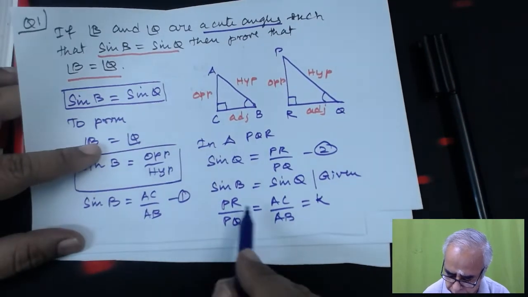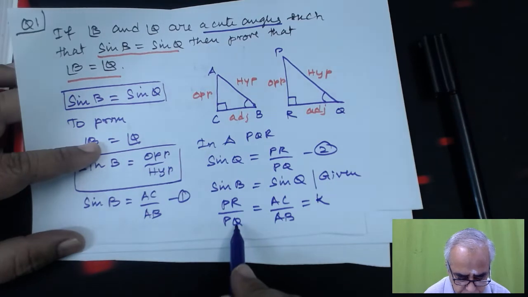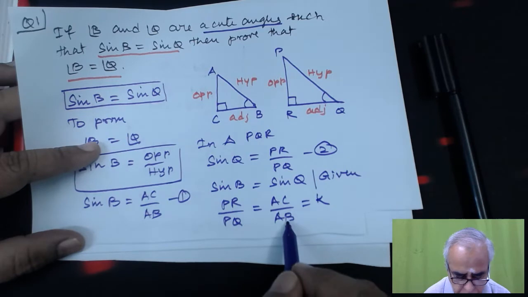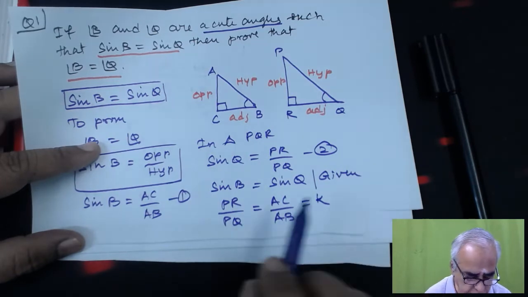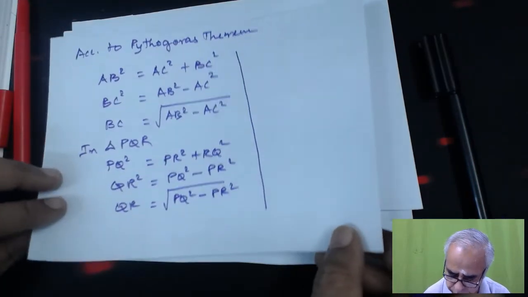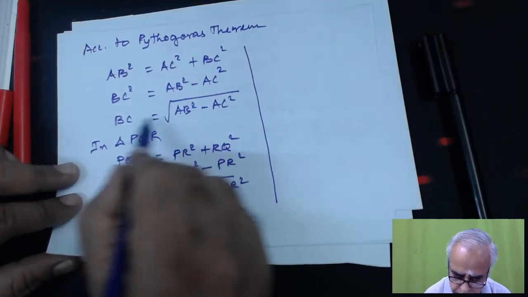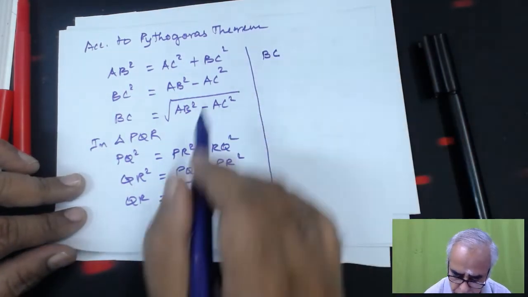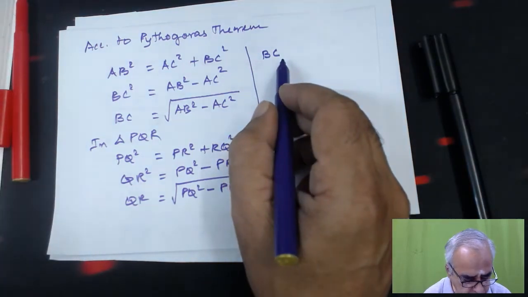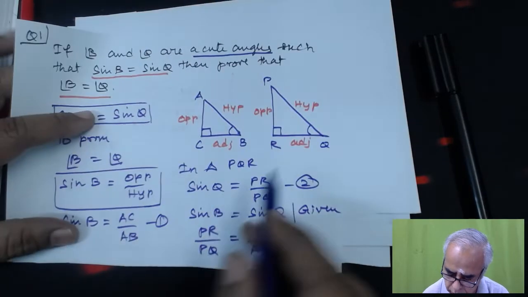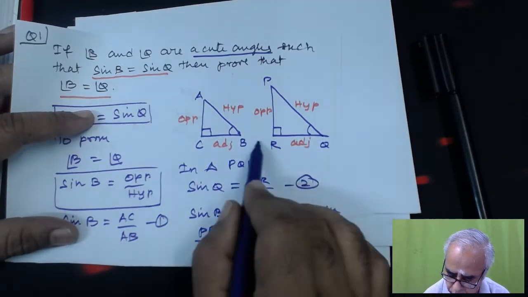Right. Now we know this equation, PR by PQ is equal to AC by AB, that is equal to K. So let us find BC divided by QR, the corresponding sides of two triangles.